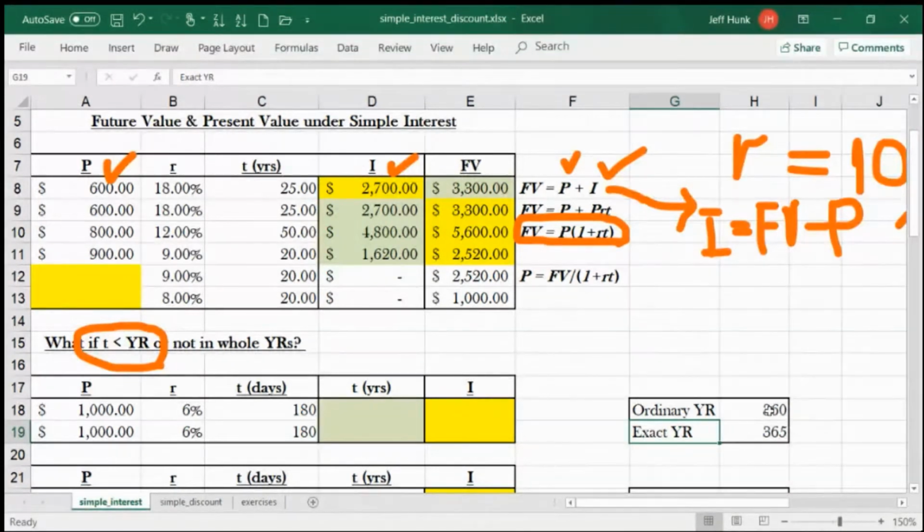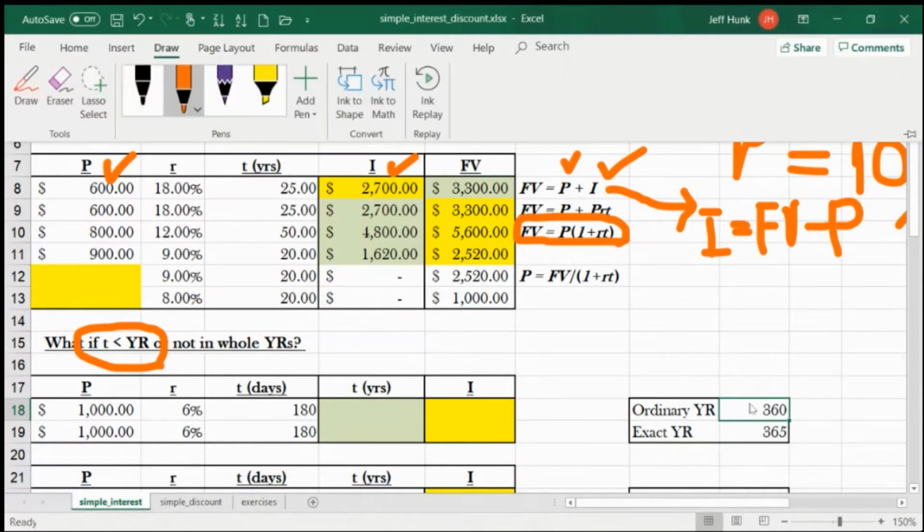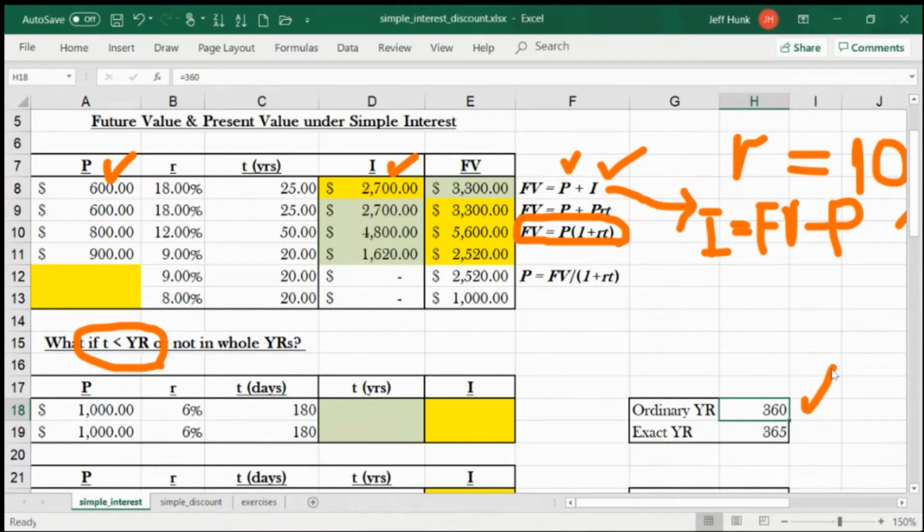In the ordinary interest year, 1 year is equal to 360 days, and in the exact interest year, 1 year is 365 days.